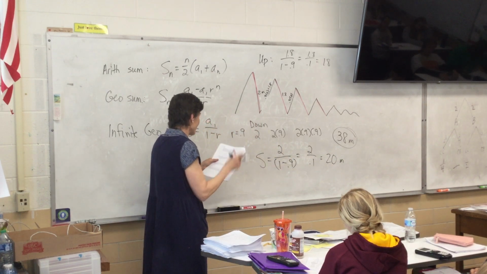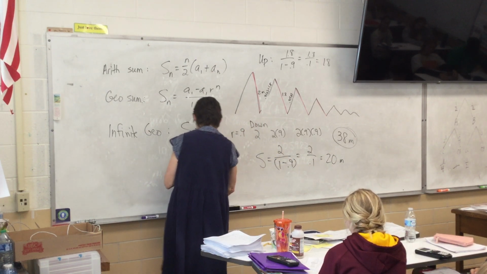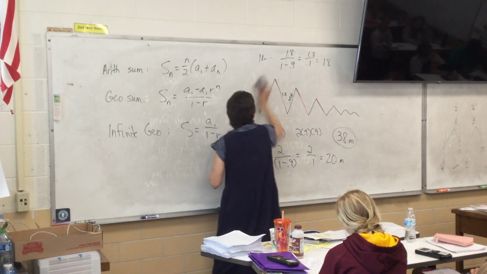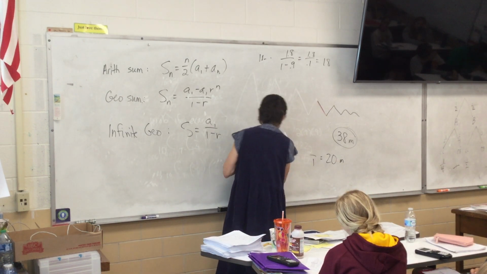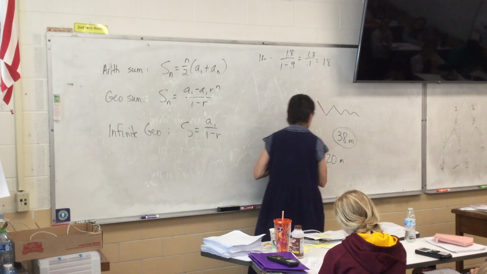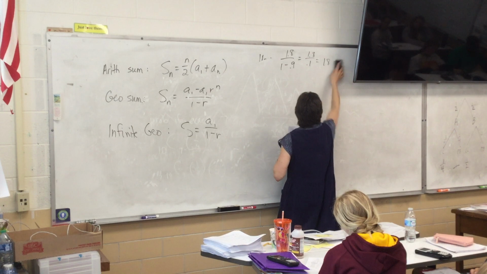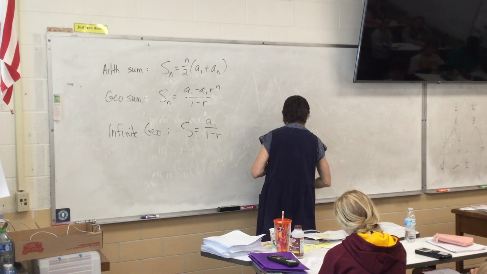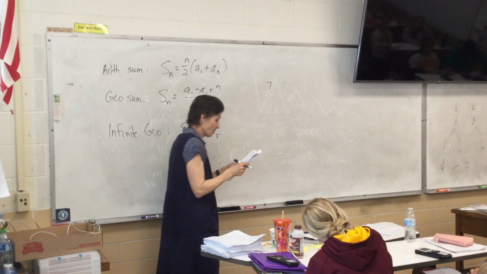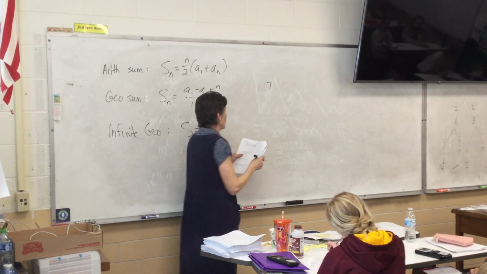All right, number 2, B. The first row of seating in section J of this arena has 7 seats. So we have 7 in the first row, and there are 25 rows.